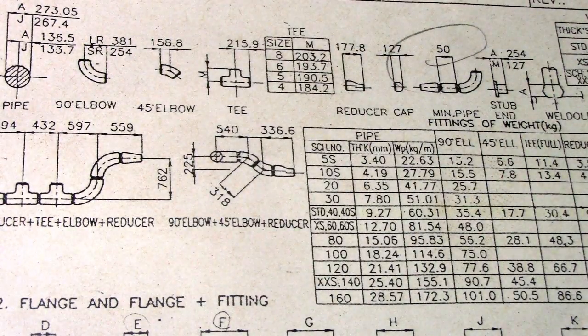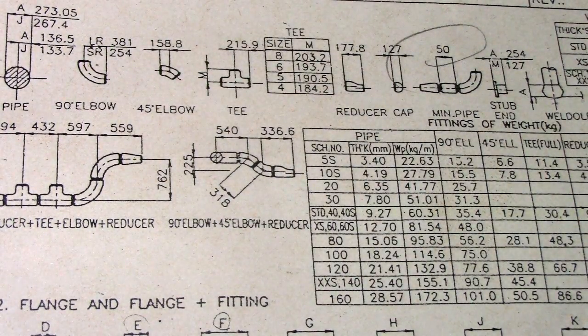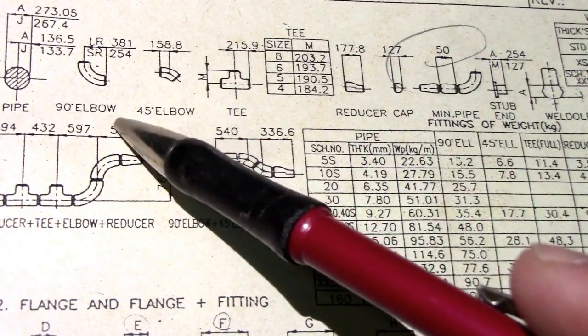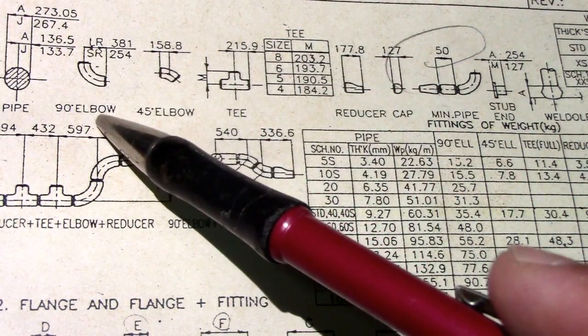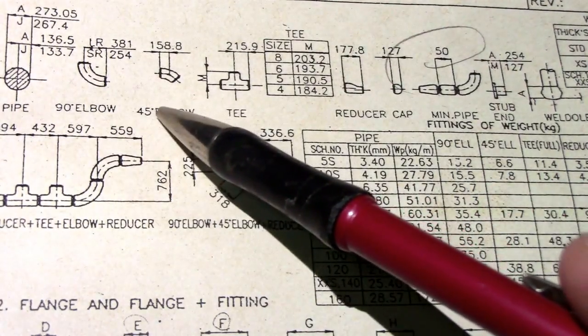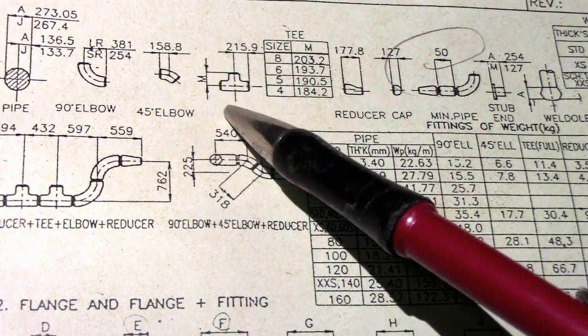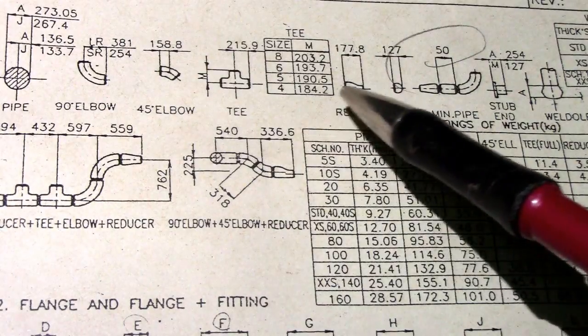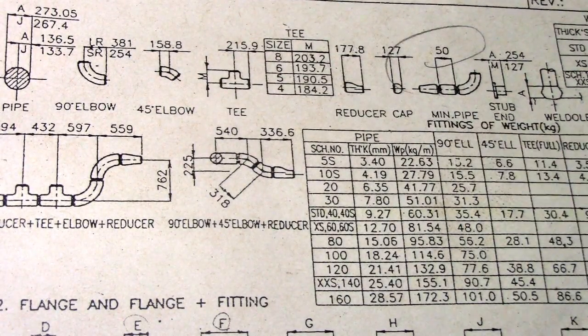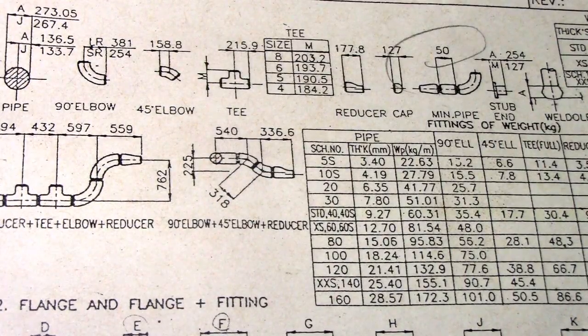So this is 10 inches and we will start with the pipe again. This is the dimension: elbow, tee, 45 degrees, reducer, and cap. So this is all the dimensions for the 10 inches.